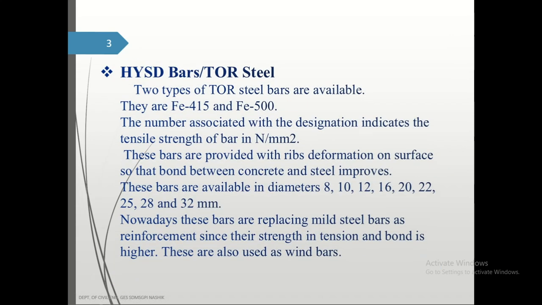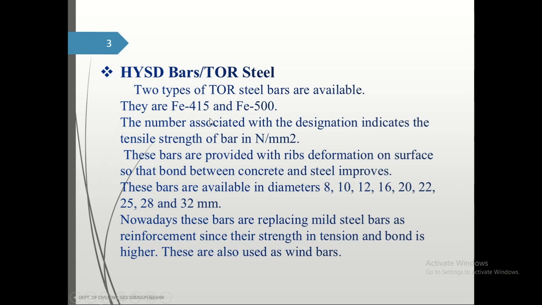Now torch steel is Fe 415 and Fe 500. This number indicates the tensile strength of the bar in newton per mm square. If we use Fe415, it means 415 newton per mm square is the tensile strength of that steel bar, and Fe500 means that the bar has 500 newton per mm square tensile strength.